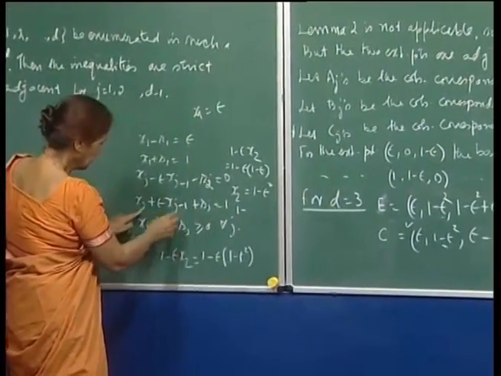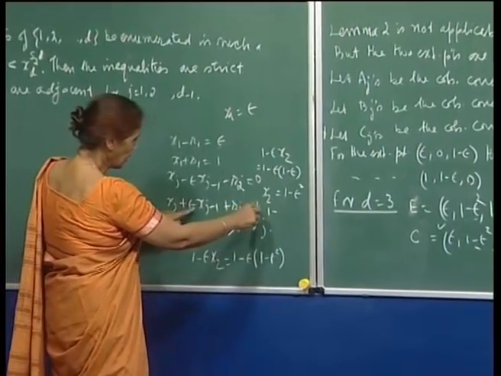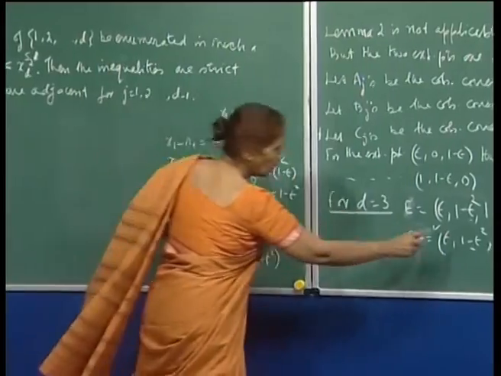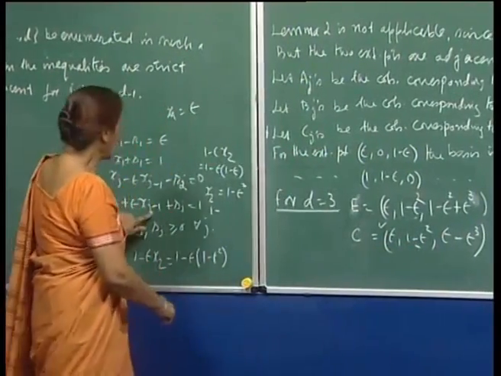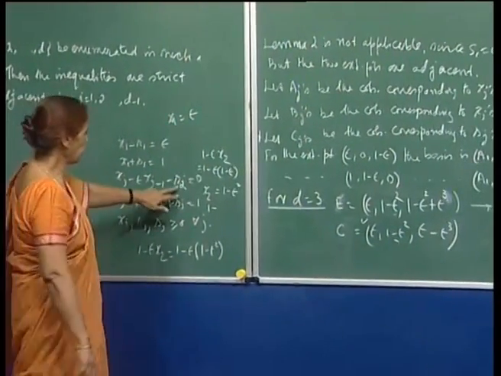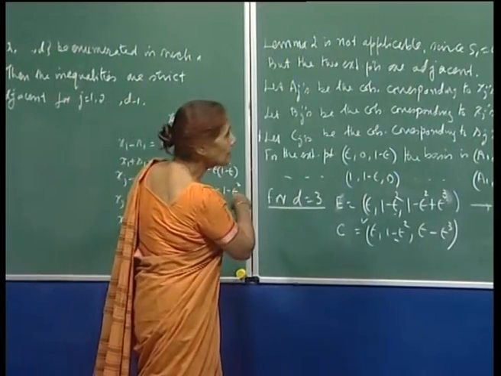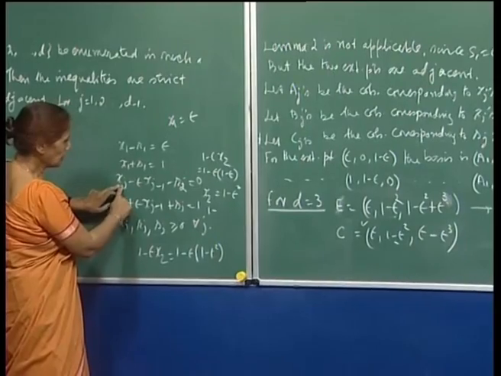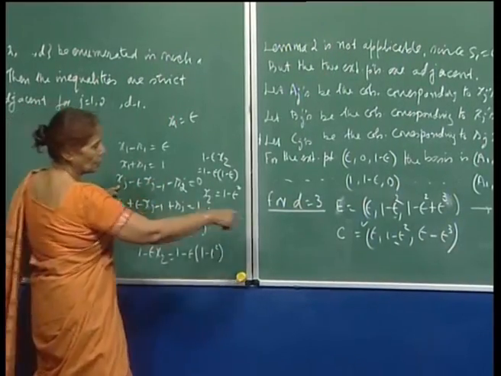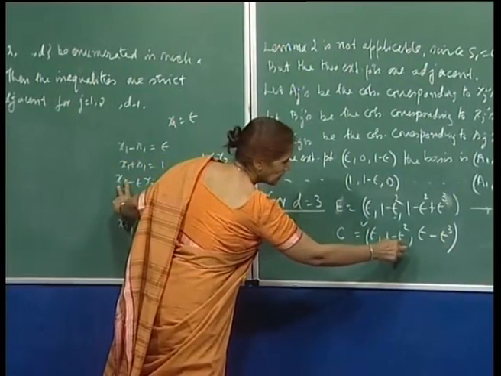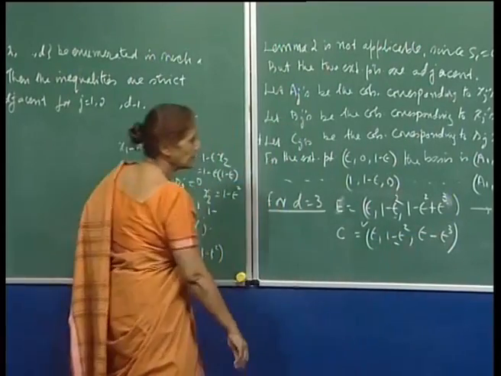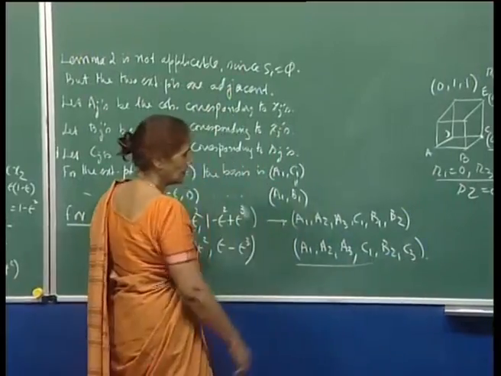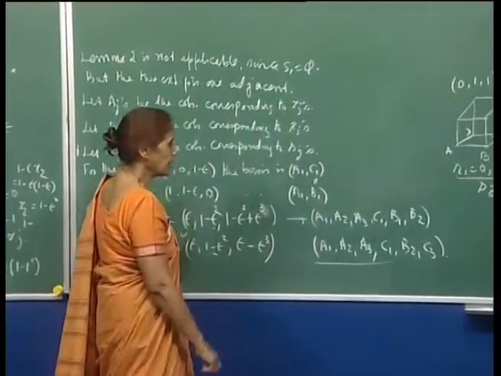So, from here you see x 2 will be equal to 1 minus epsilon x 1, and x 1 is epsilon, so 1 minus epsilon square, right. And then R 3 is 0, so you get x 3 equal to epsilon times x 2, which is epsilon times 1 minus epsilon square. So, epsilon minus epsilon cube, and the corresponding basis is this, right, because R 1 and R 3 are not there in the basis.